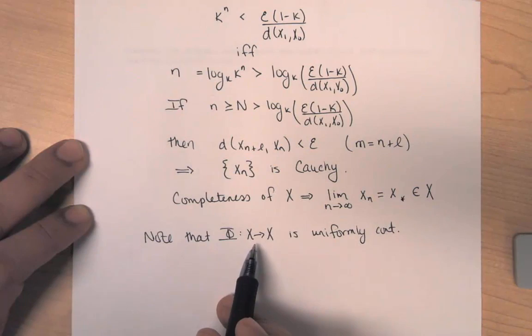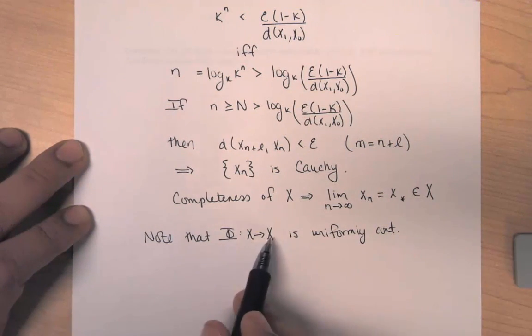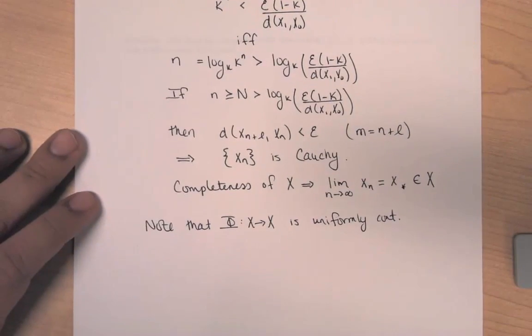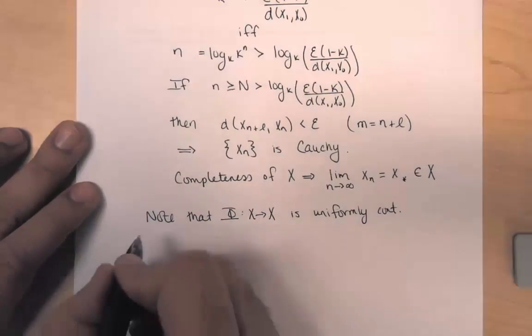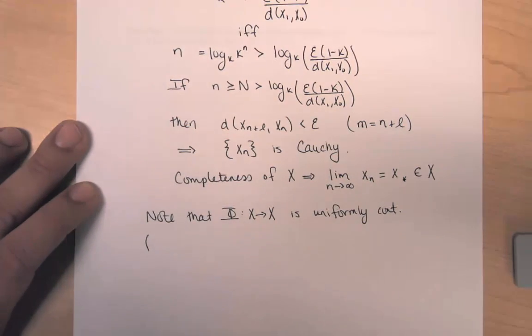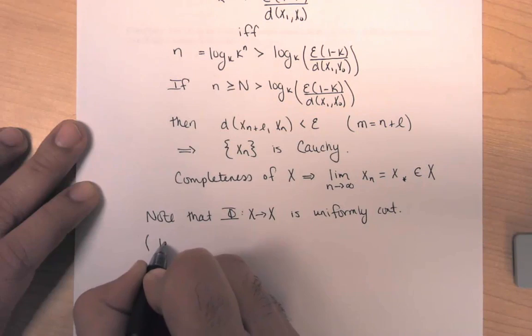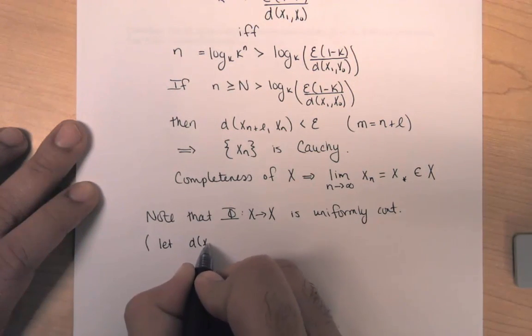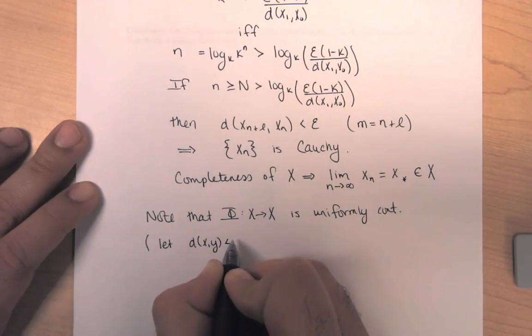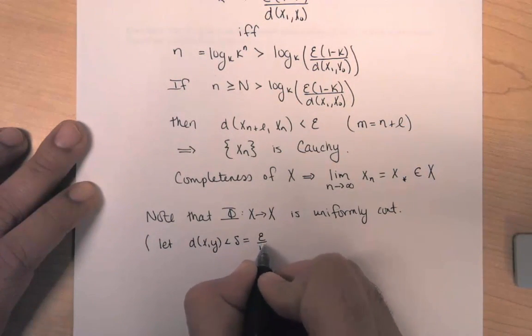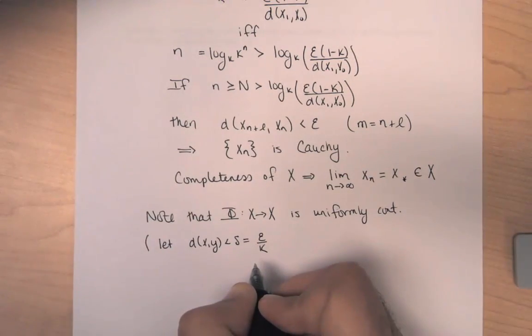Oh, by the way, how do I know that this is true? Why can I say that phi is uniformly continuous if it wasn't one of my assumptions? Well, I assumed it's a contraction. So let me just put a brief outline of the proof. Let the distance between x and y be less than delta, which I'll define to be epsilon over k.